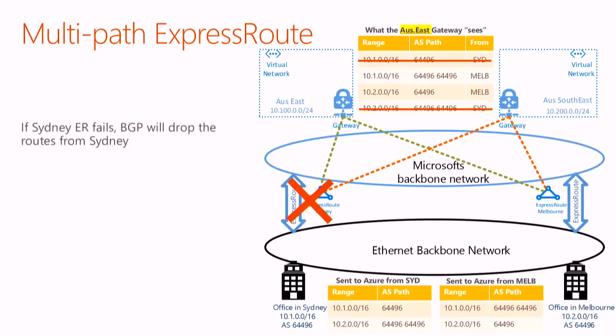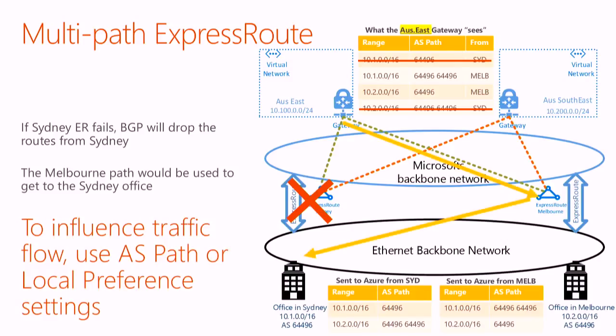What happens if that connection goes down? Because it is all done through BGP, I will no longer learn those routes, and so the route table will take away those entries. The only entry I have for 10.1 is through Melbourne.